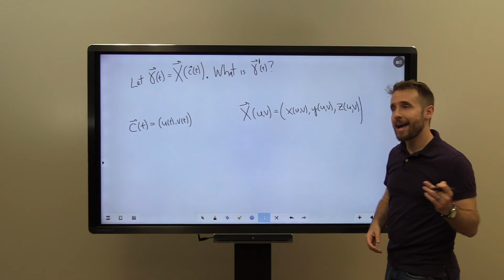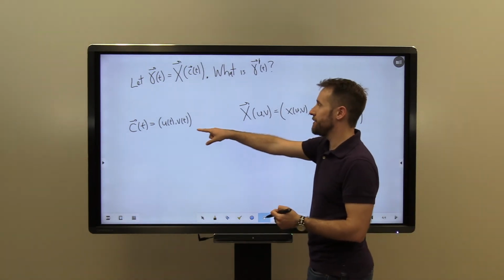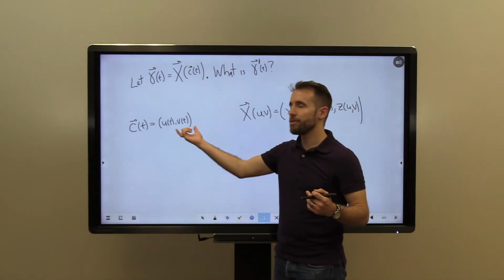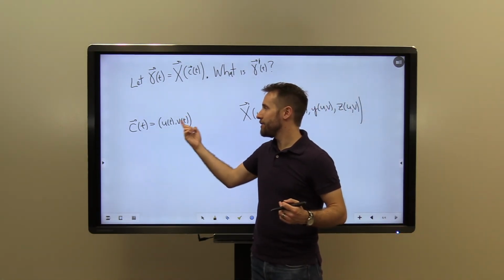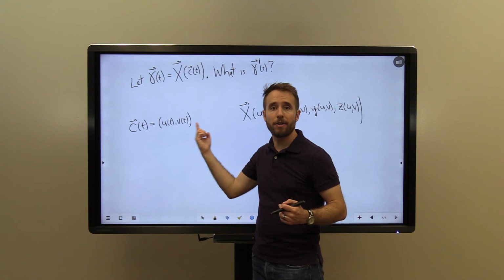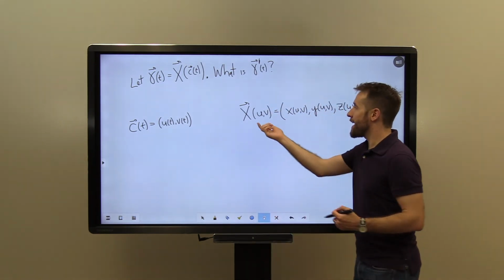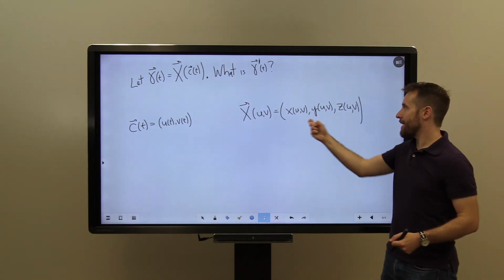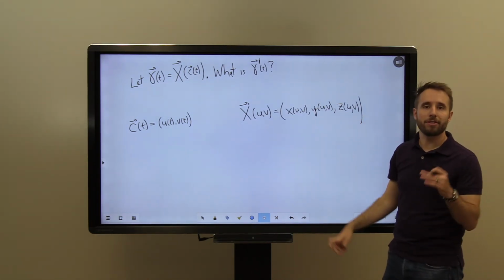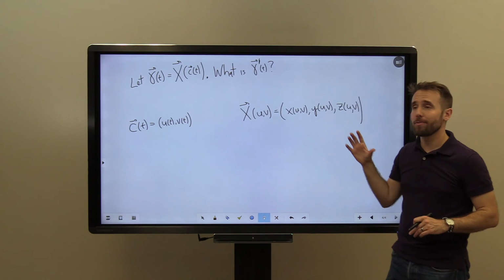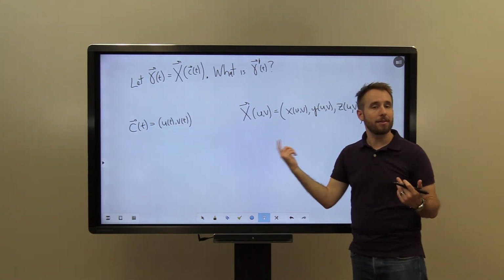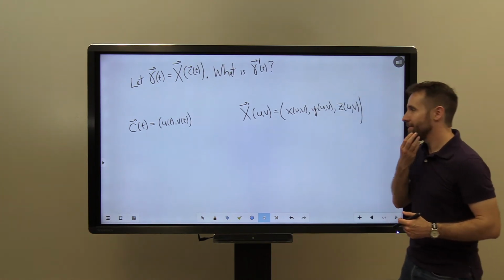What we have here is our curve c of t, which I've rewritten using its component form. So c of t has a u component and a v component, both functions of time. And then x of u comma v will have three output components, an x, y, and z component, which are functions of u and v. These were my original bigger functions, which I'm now trying to compose together.